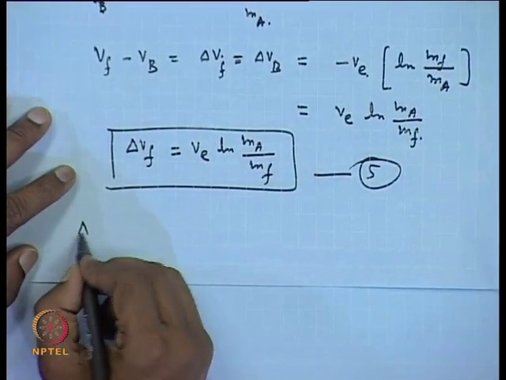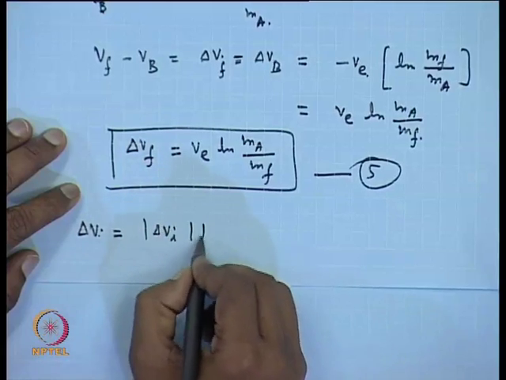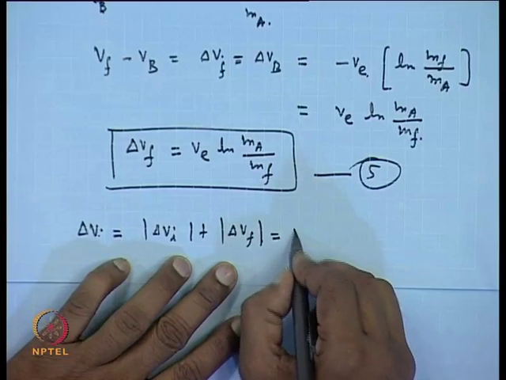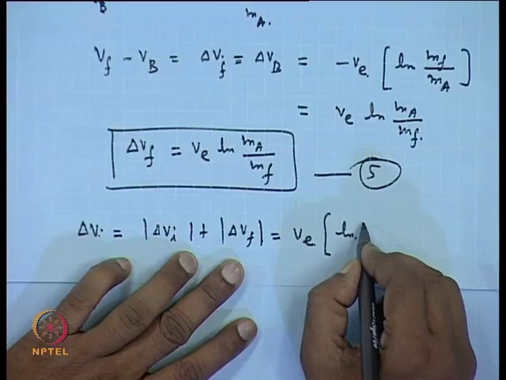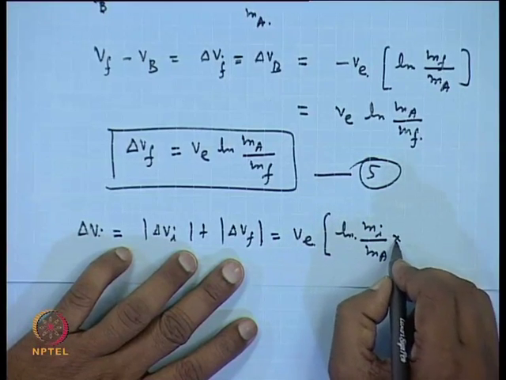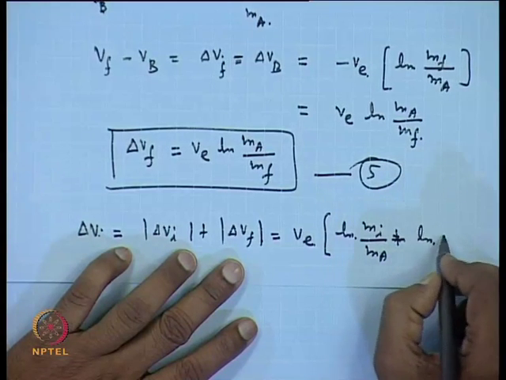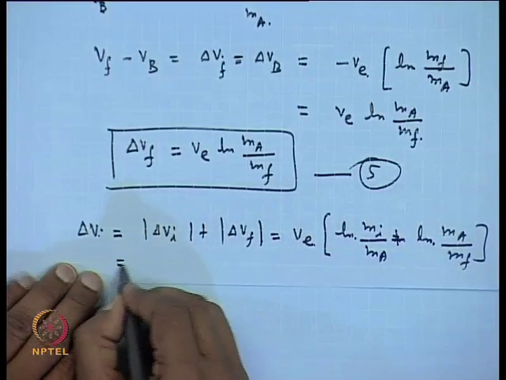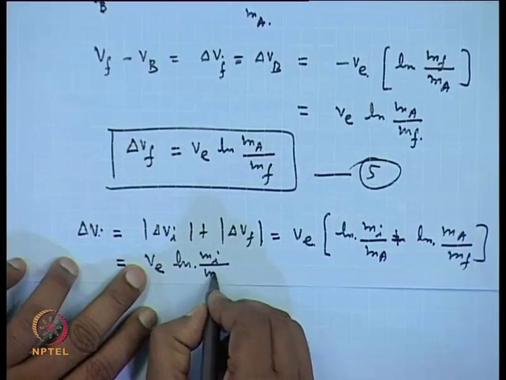So, from here the total delta v, the total impulse required will be delta v_I plus delta v_f, the magnitude of both of them. So, this becomes v_e times ln m_I by m_a, and we can write here plus ln m_a by m_f, which is equal to v_e times ln m_I by m_f.